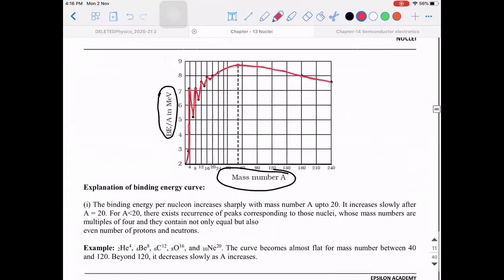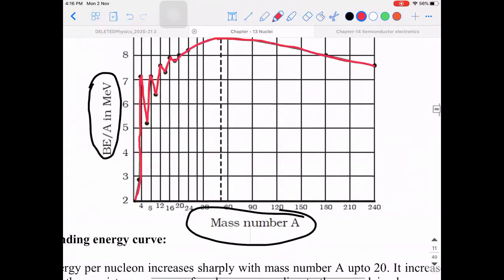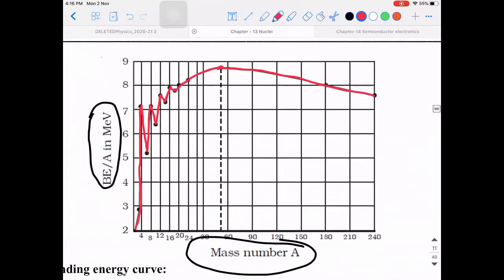Now let's look at the graph. Mass number is 40, right? So let's say 40 is somewhere over here.